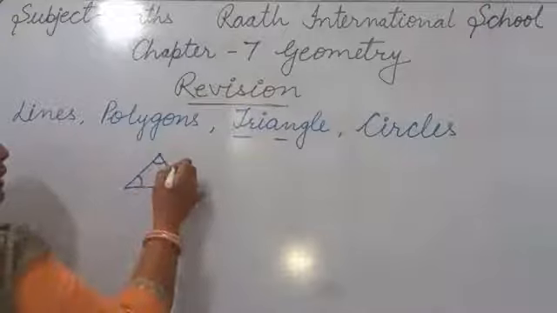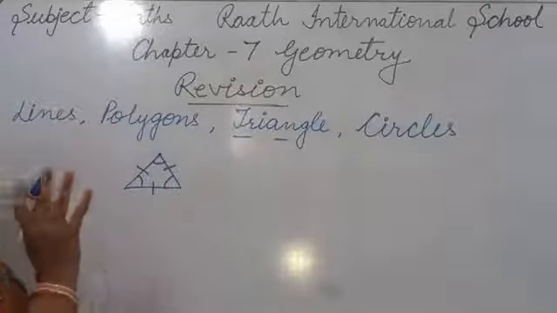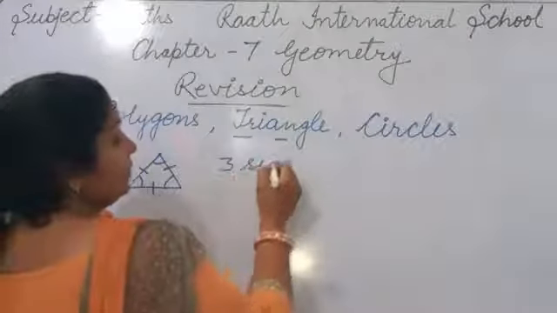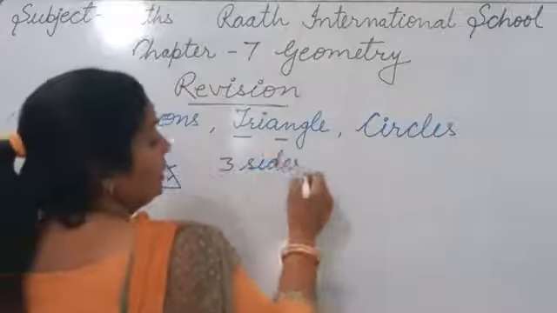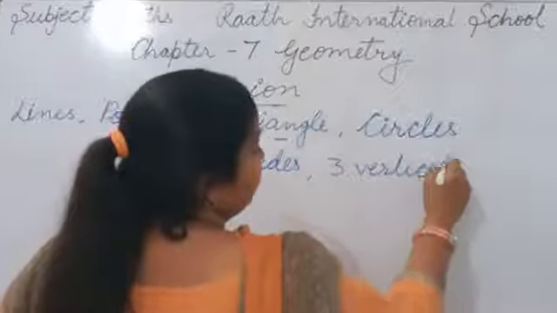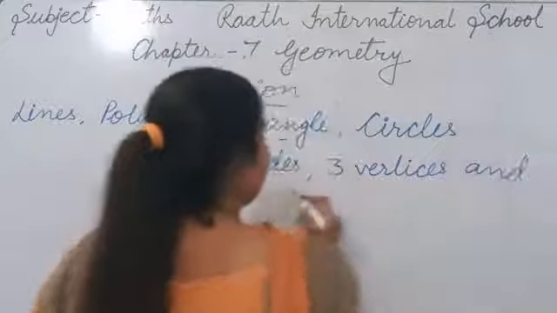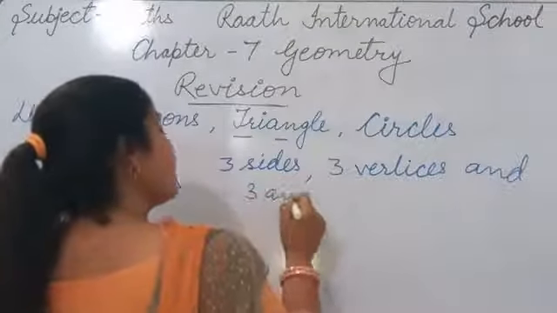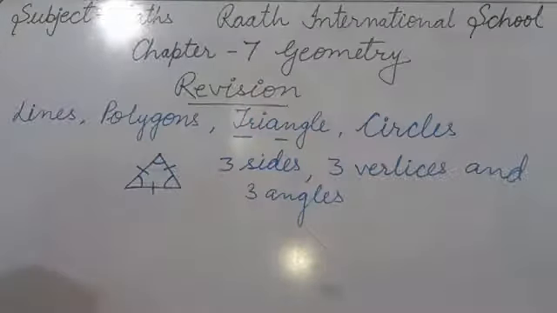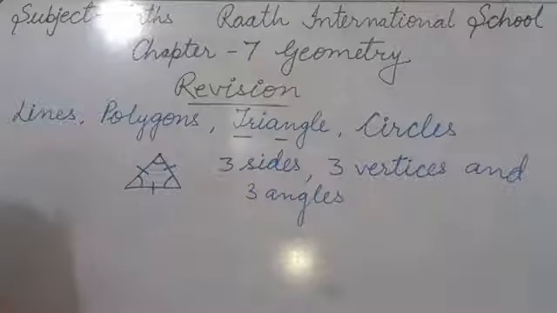And 3 sides, 1, 2, 3. 3 sides होते हैं in a triangle. 3 sides, 3 vertices, and 3 angles. Clear?